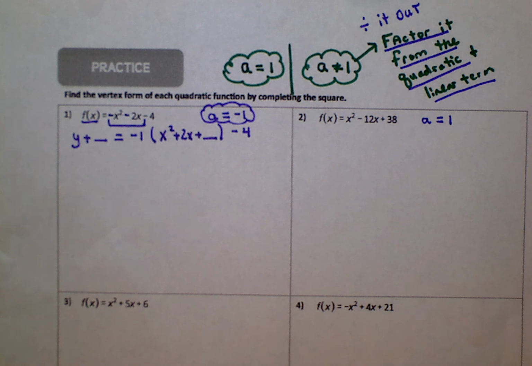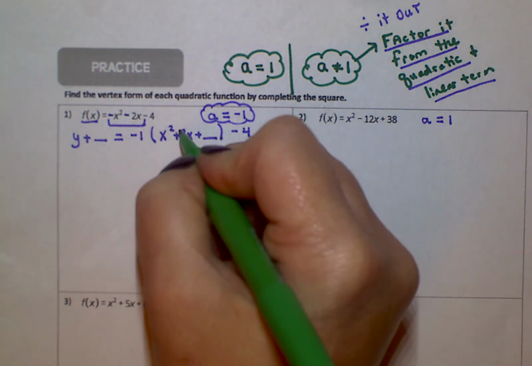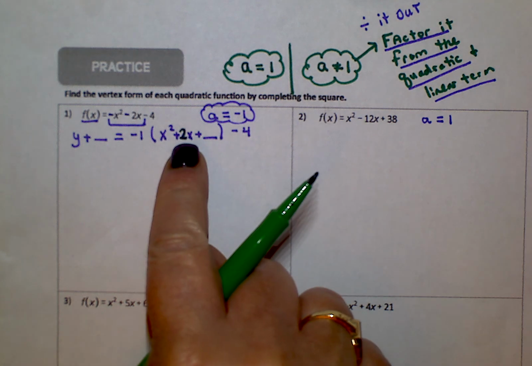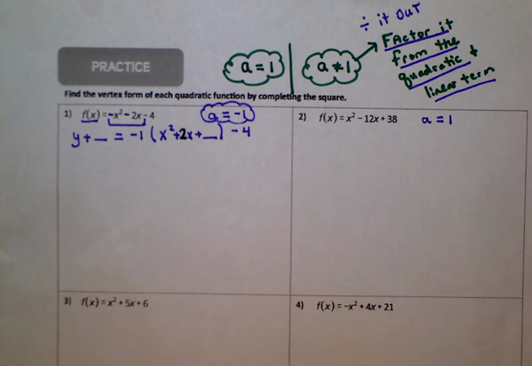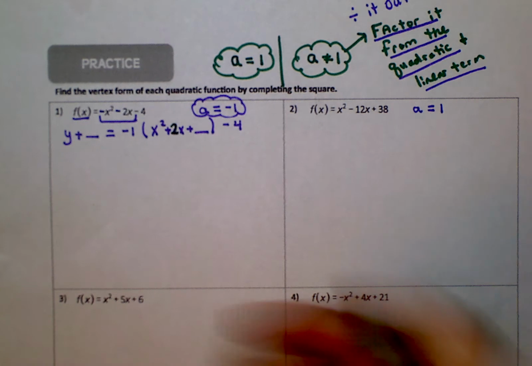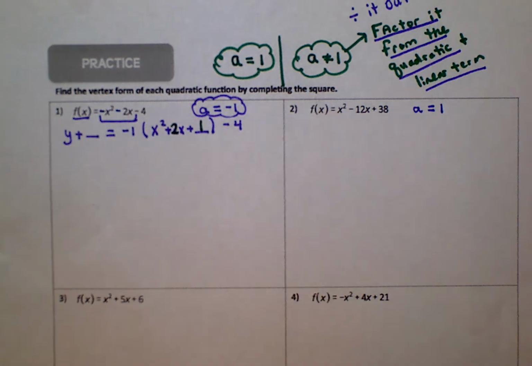Now, what you do next is you take half of this number B. So you're going to take half of 2 and square it. So you can use the calculator, especially when the problems get a little bit more difficult. But you're going to divide the middle term by 2, and then you're going to square it. So there's going to be a 1 that goes in that blank right there.